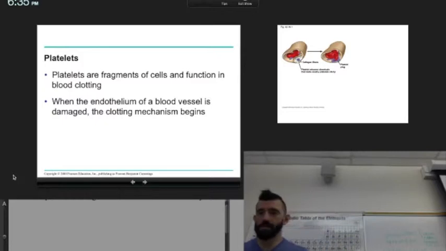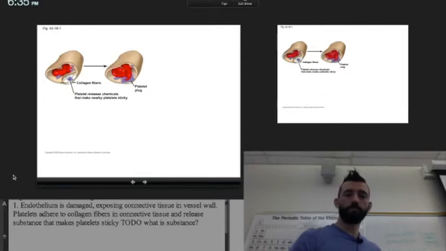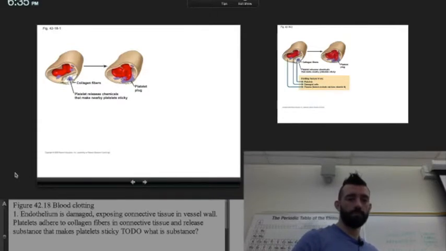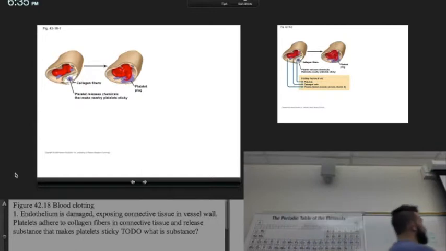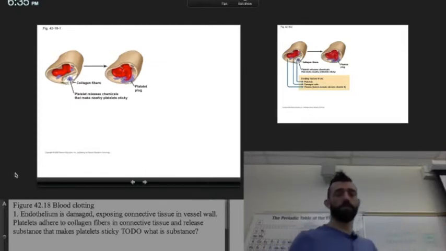So that's not a long-term fix. When platelets bind to collagen, they will release compounds that make nearby platelets sticky, and those will stick to them.